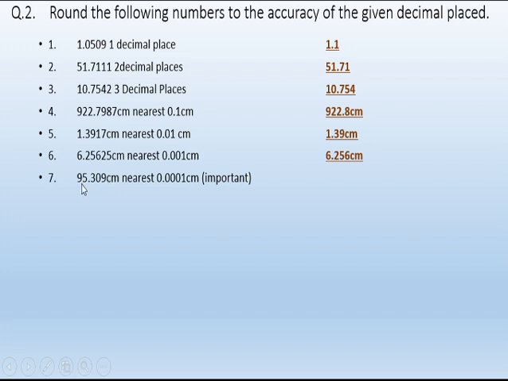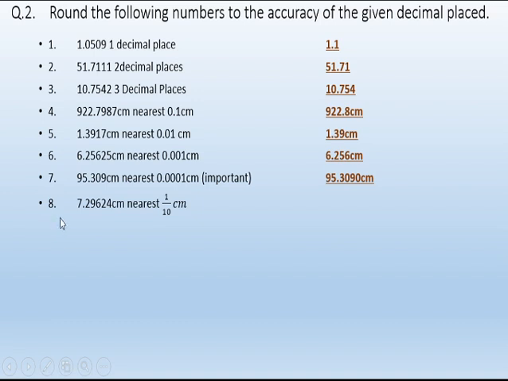So this will become 95.3090, which is of 4 decimal places. Though the question was of 3 decimal places, we are asked to convert into 4 decimal places. So whenever we have fewer digits and we need more, we'll be adding more 0s in the decimal places. This is one of the important questions.